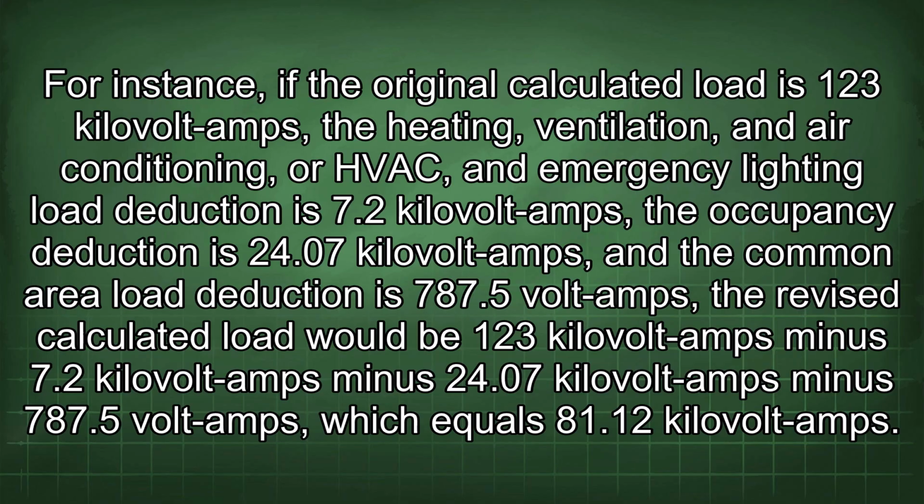The occupancy deduction is 24.7 kilovolt amps, and the common area load deduction is 787.5 volt amps. The revised calculated load would be 123 kilovolt amps minus 7.2 kilovolt amps minus 24.7 kilovolt amps minus 787.5 volt amps, which equals 81.12 kilovolt amps.